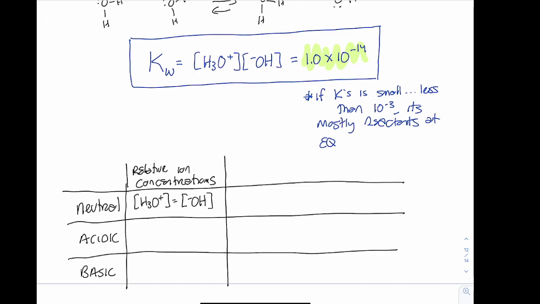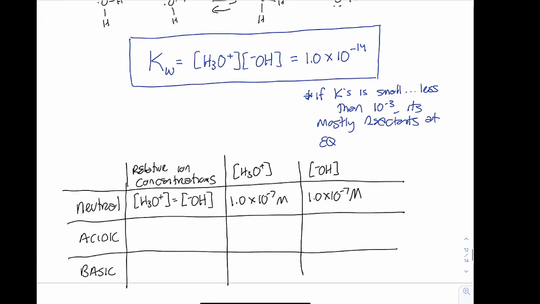That means my hydronium ion concentration needs to be equal to 1.0 times 10 to the negative 7th molar, and my hydroxide ion concentration needs to also be equal to 1.0 times 10 to the negative 7th molar, because 1.0 times 10 to the negative 7th multiplied by 1.0 times 10 to the negative 7th is equal to Kw here, 1.0 times 10 to the negative 14th. And then our last column we're going to leave blank for now.